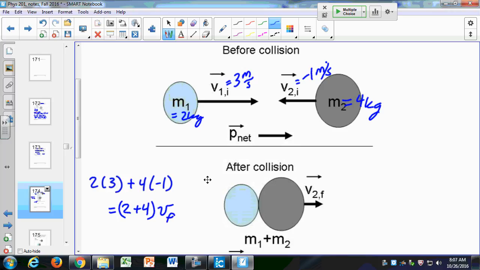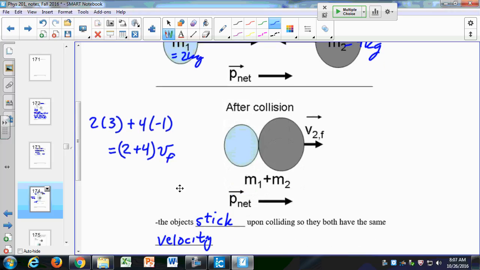Since these both are sticking together and they're moving off in the same direction at the same pace, I can just factor out those masses and multiply times Vf, because they both have the same velocity. So that's 6 minus 4 is 2, divided by 6 equals Vf.